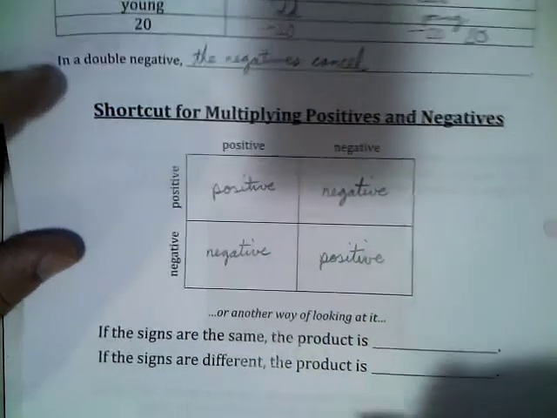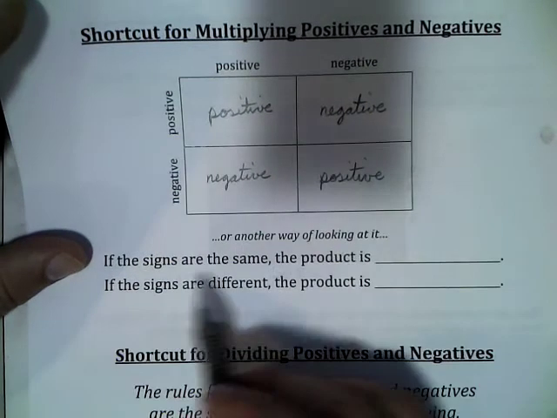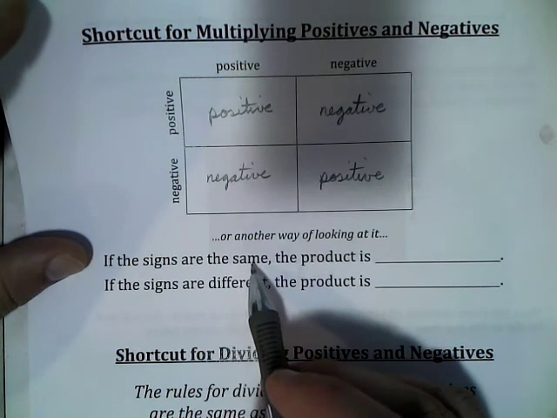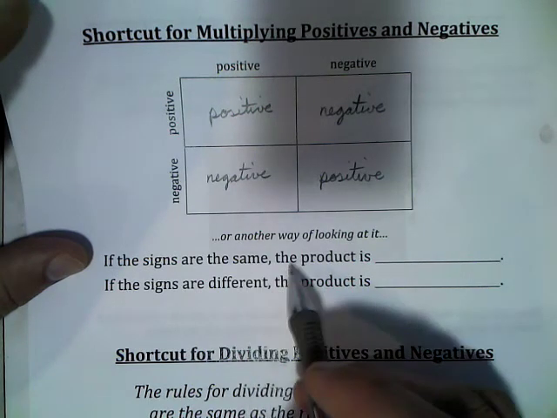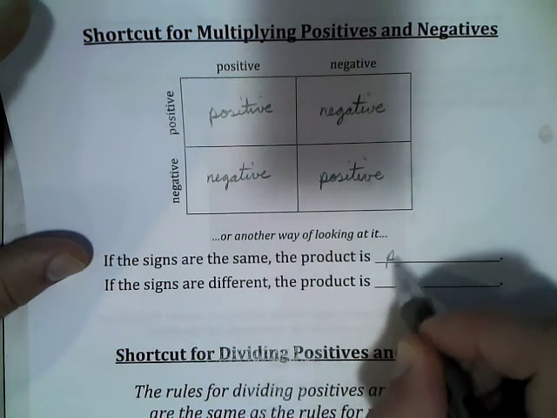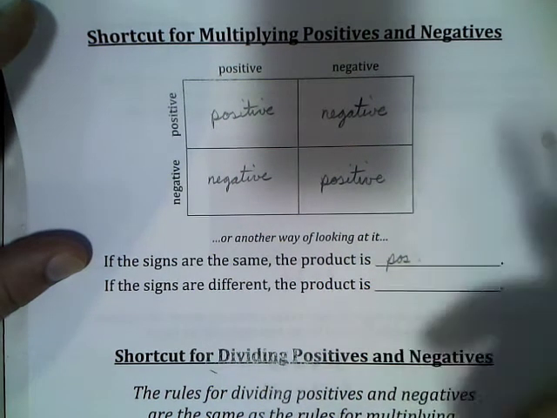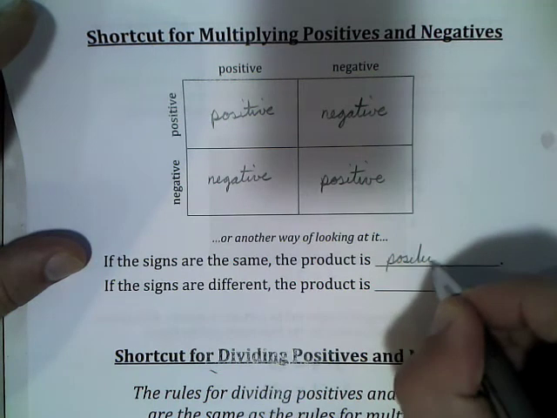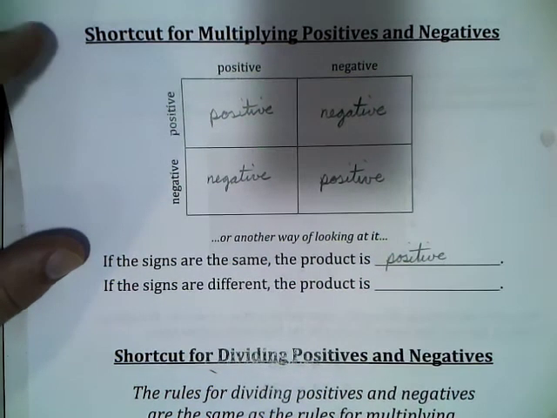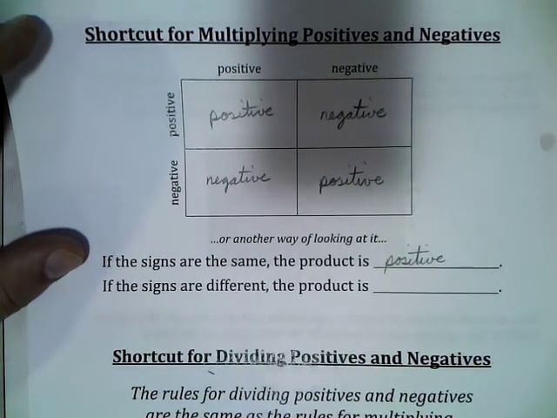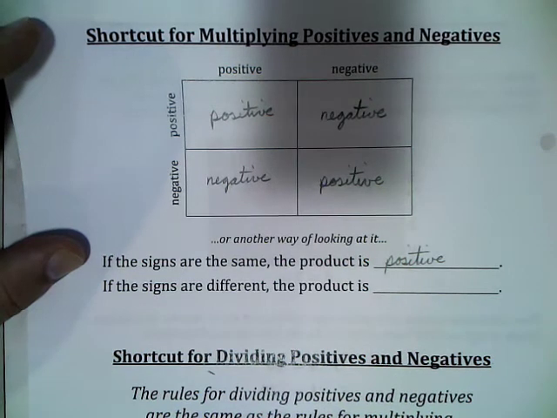Or another way of looking at it, if the signs are the same, so if they're both positive or they're both negative, then the product is going to be positive. So if they're both positive, the answer is positive. If they're both negative, the negatives cancel and it's still positive.